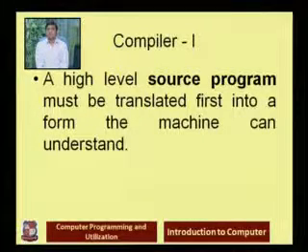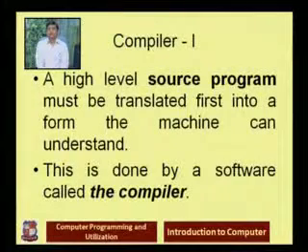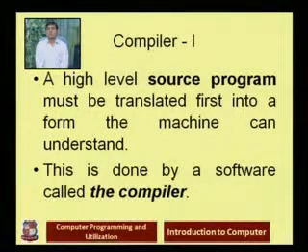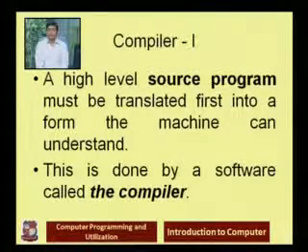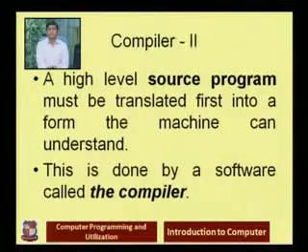The compiler translates the source program into the object code of machine language, and the process of translating the source program into a machine program is done by software known as a compiler.